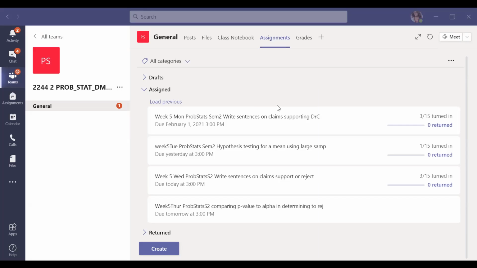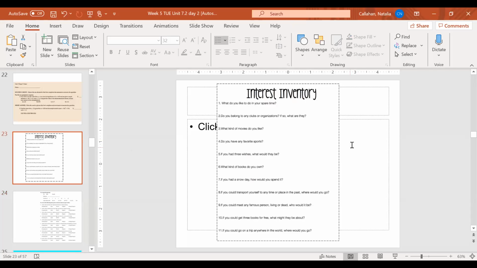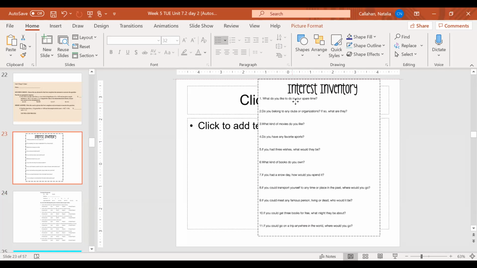Okay, if you're done with that, the next part of what I want you guys to work on is the following. On your interest inventory, in addition to a survey on your performance of the school. So let's go ahead and take a look at this. All right, so first thing I want you guys to do is go ahead and do the inventory.